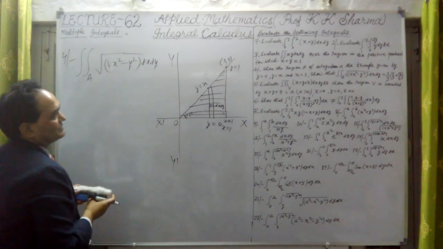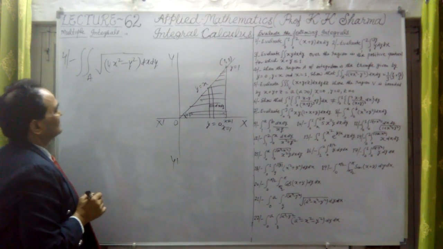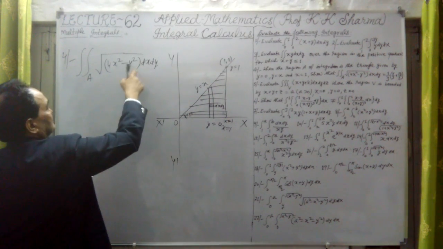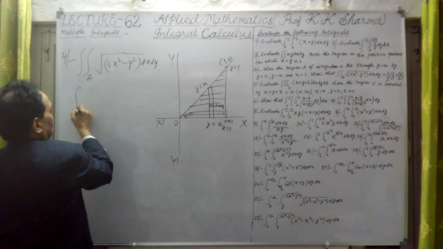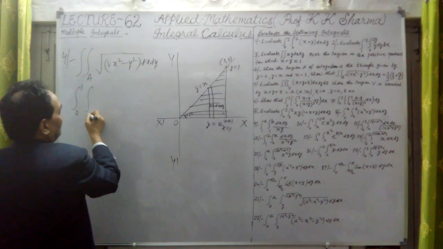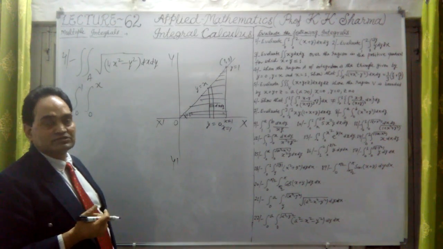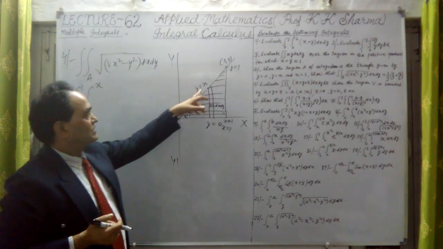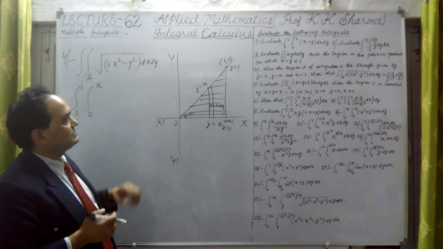The limits for x are 0 to 1, and we first have to integrate with respect to y, for which the limits are y equal to 0 to x, since the region boundary is the line y equal to x.